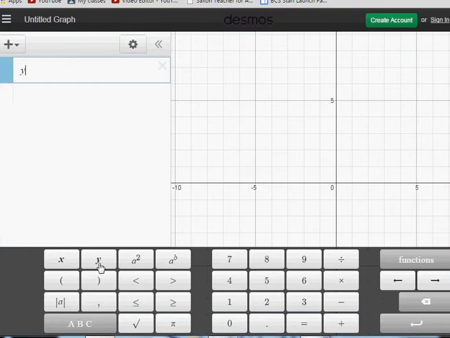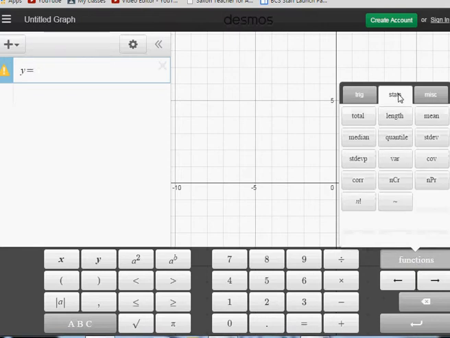So we've got y equals, and now we have the cubed root, which I believe is in the functions section.